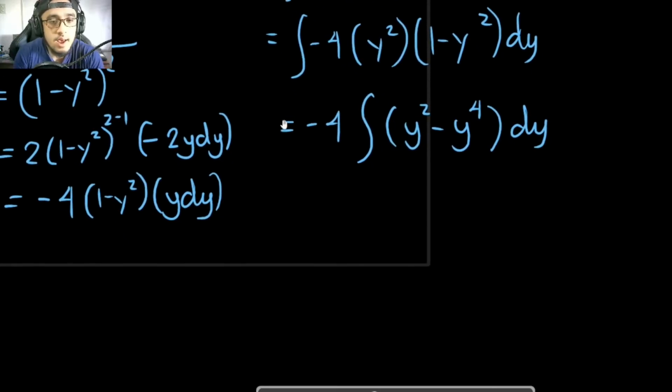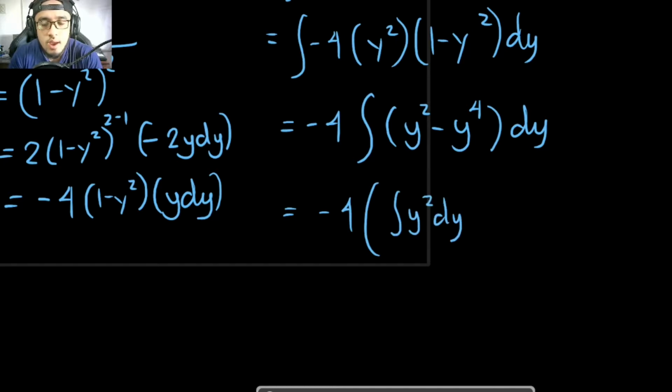By the way, guys, this can be rewritten once again as negative 4 times the integral of y squared dy minus the integral of y raised to 4 dy. And we can now integrate these two terms individually.